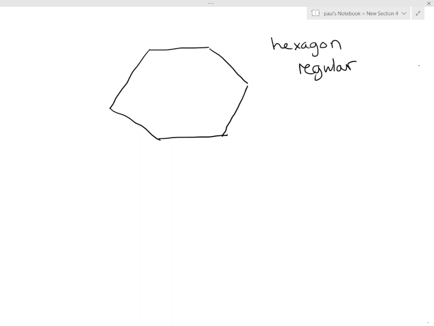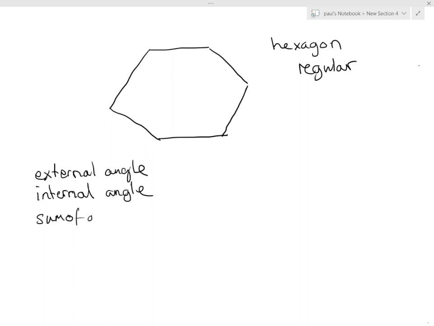And what we'd have to work out here is something called an external angle, something called an internal angle, and the sum of all internal angles. So you've got the possibility of 3 things to work out here.